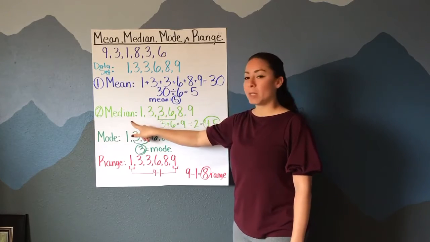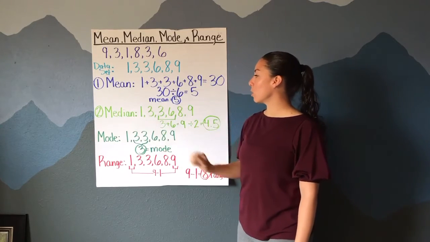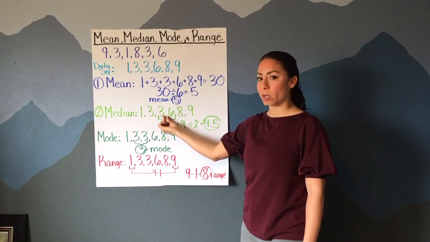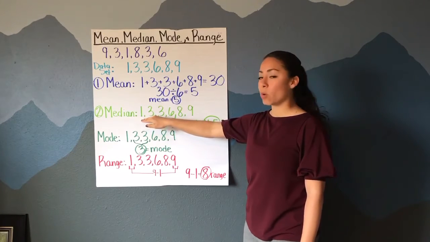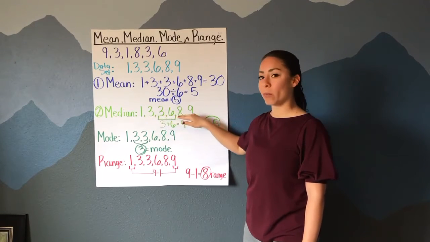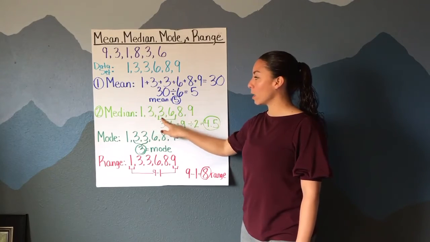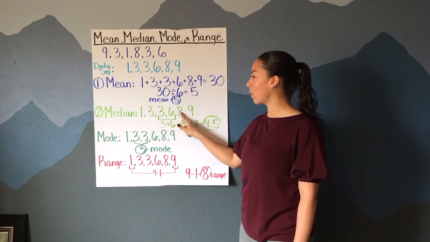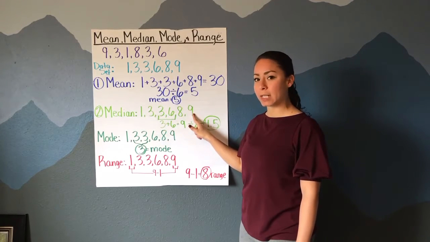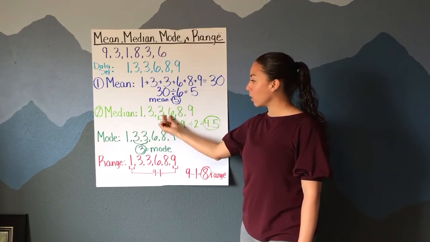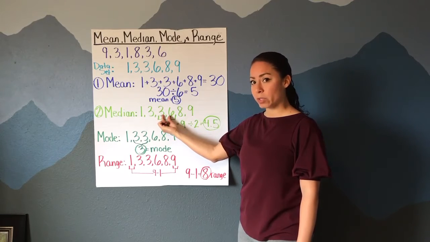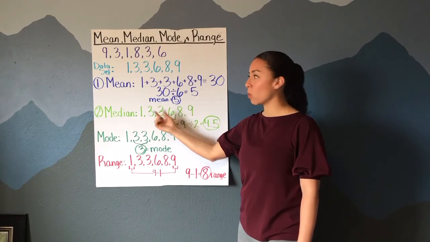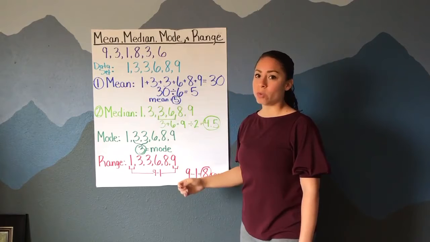Second thing is to find the median. When you find the median, what you're doing is you're finding the middle number. But of course, they need to be in order from least to greatest, which we've already done. So I ordered them here from least to greatest. However, we do have 1, 2, 3, 4, 5, 6 numbers, which is an even number. Because of that, you're going to take the two middle numbers and you're going to find the average or the mean of those two numbers.